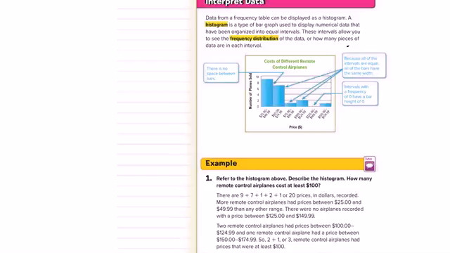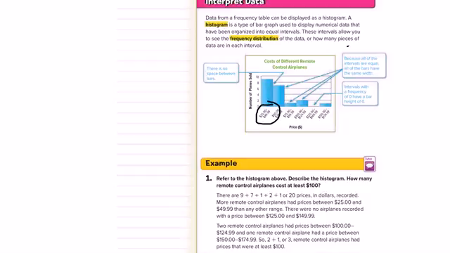That's just from adding up these data points, the top part of each bar and where it reaches. So more remote control airplanes had prices between $25 and $49.99 because that's the highest bar. You can see that was the largest amount that were in there.